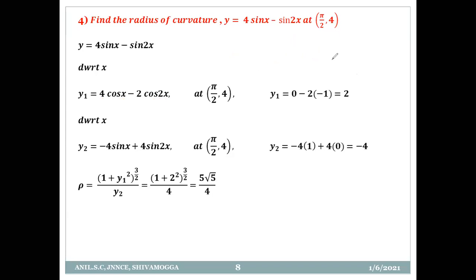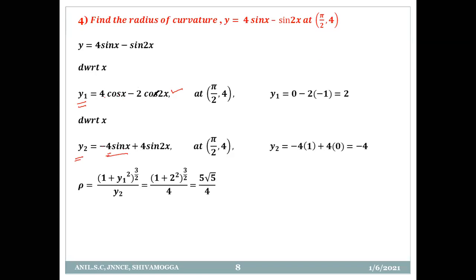To find y2, differentiate y1 with respect to x. Derivative of y1 is y2. 4 is constant, keep it as it is, and derivative of cos x is minus sin x.